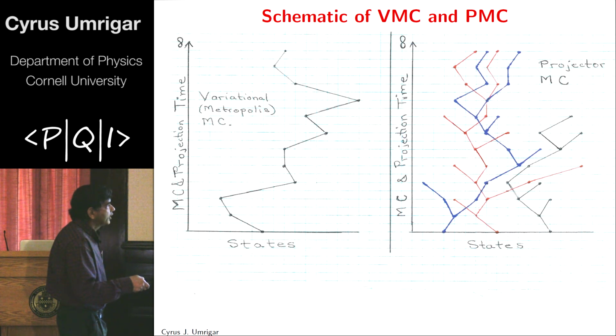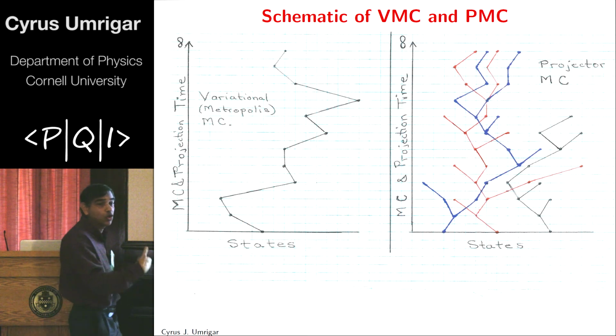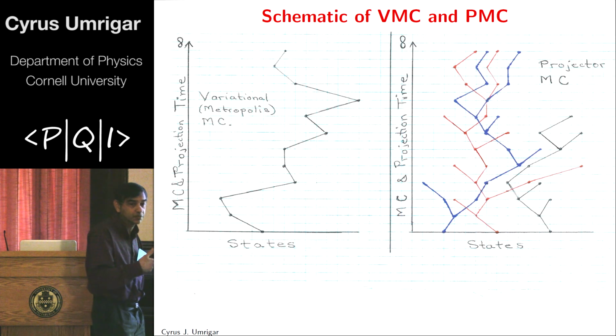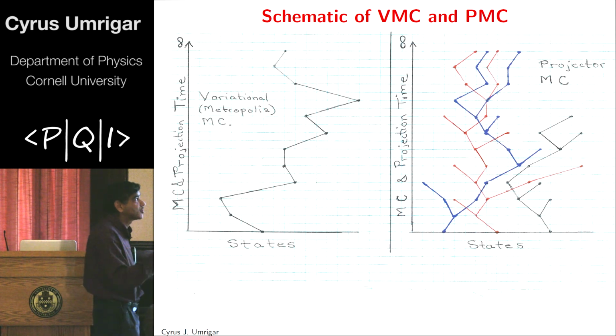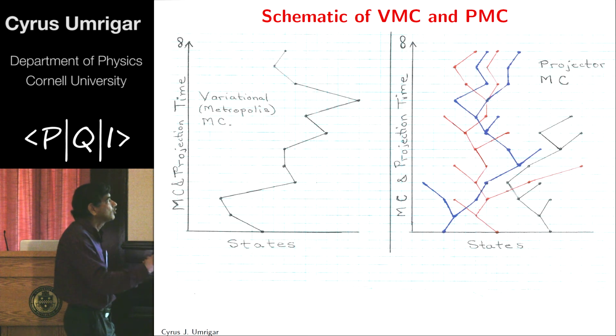Each of these walkers can either create progeny or they can die. And you calculate an average over this population of walkers. That is done in order to have a reasonable efficiency, so that you don't get extremely large or small weight walkers.